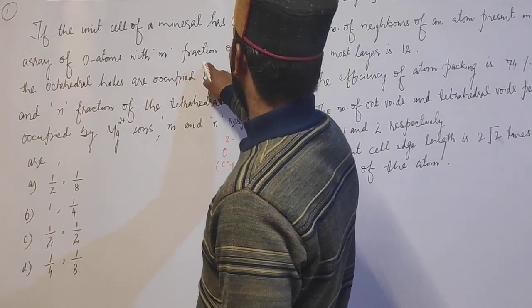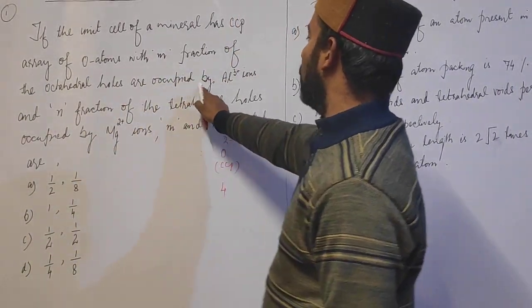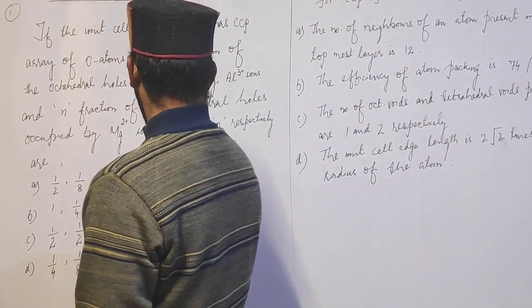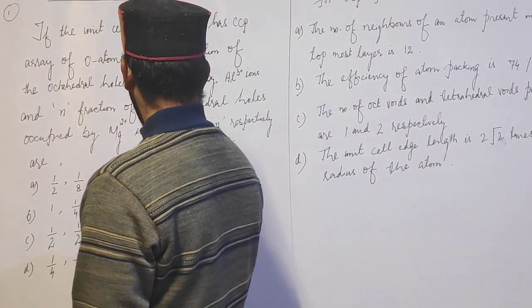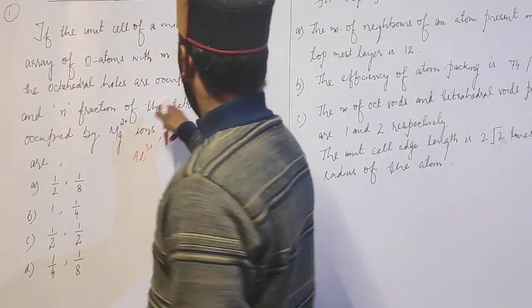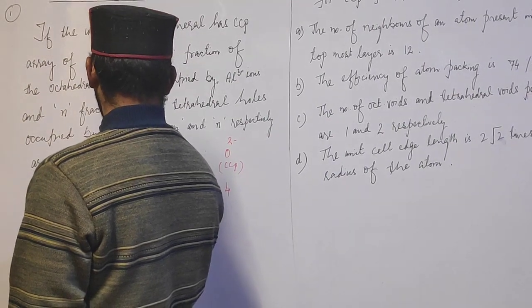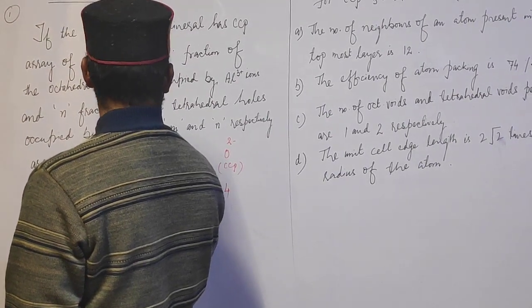M fraction of the octahedral voids are occupied by aluminium ions. So aluminium ions are occupying M fraction. So I can say of what?